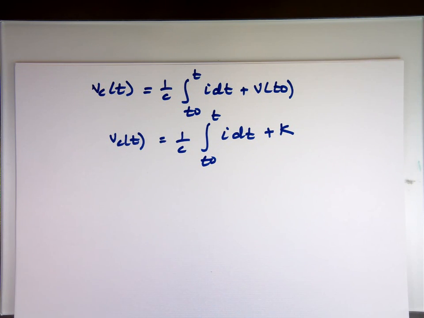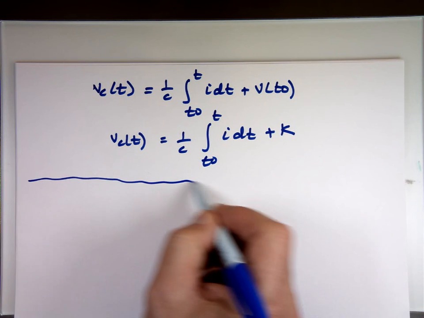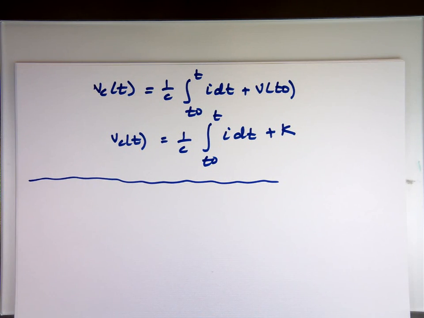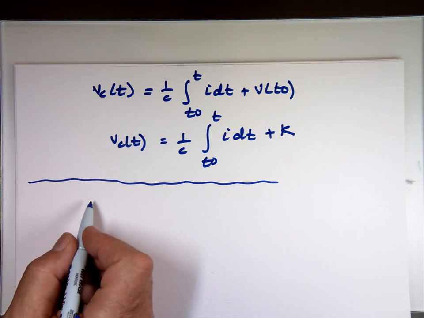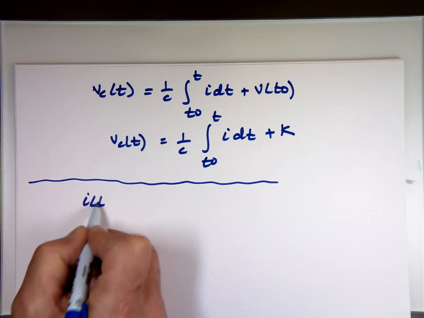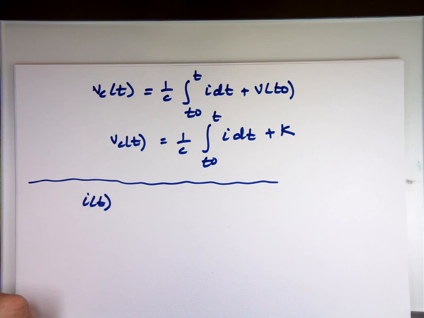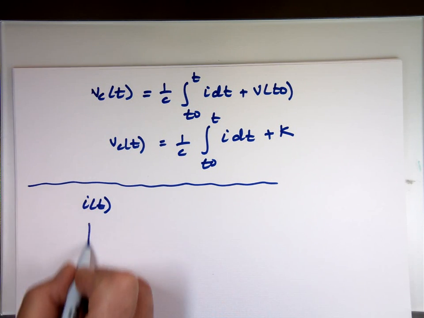Here's an example. Let's see if we can go through it. I'm going to ask a few questions. Given that the current through the capacitor is this picture.